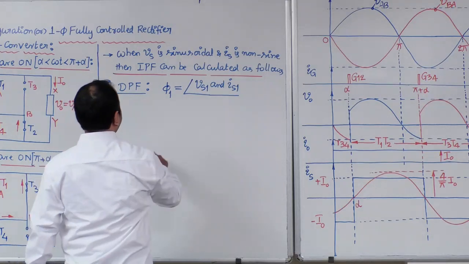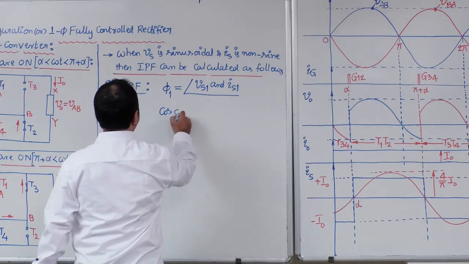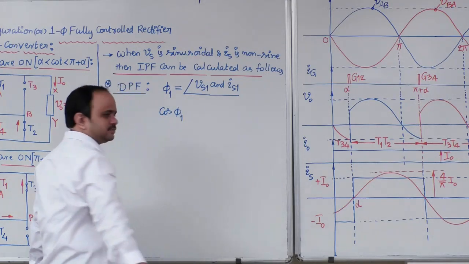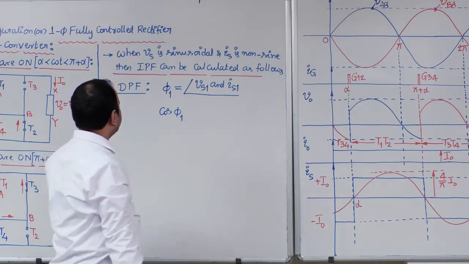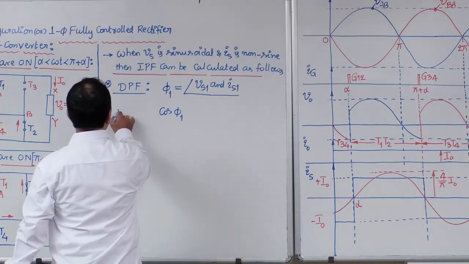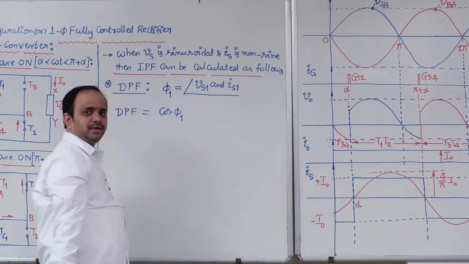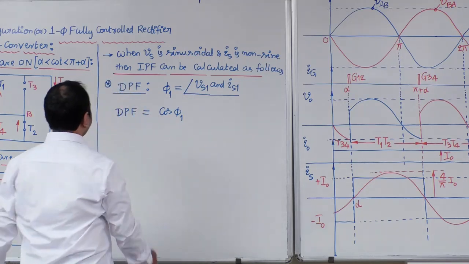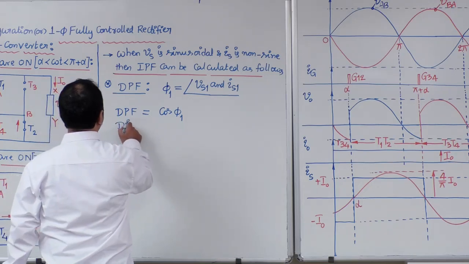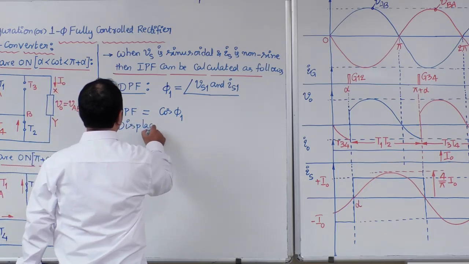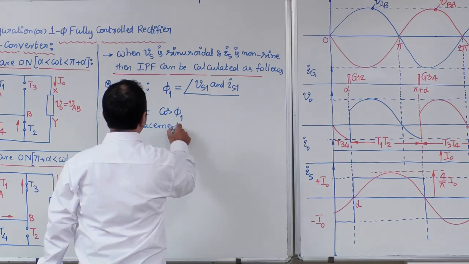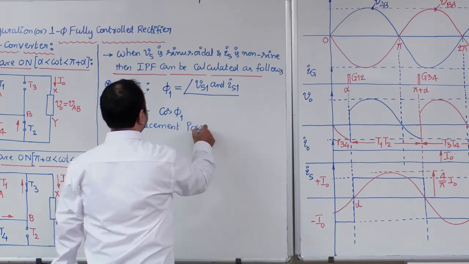If we take cos of this phi 1, then that is called DPF. Okay, DPF. Full form of DPF is displacement power factor.